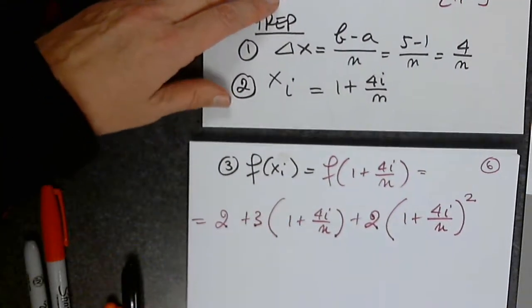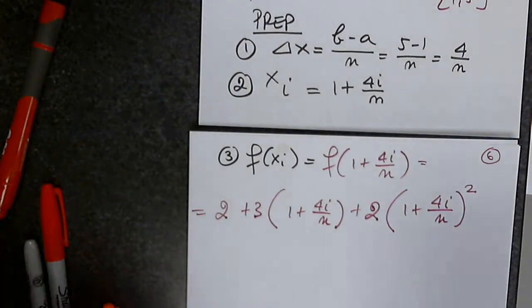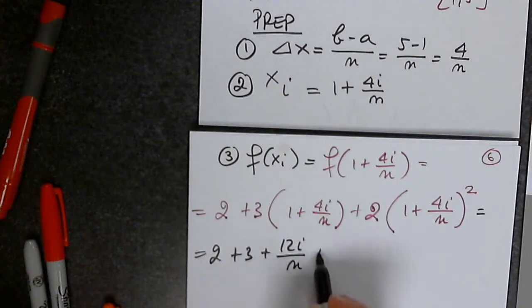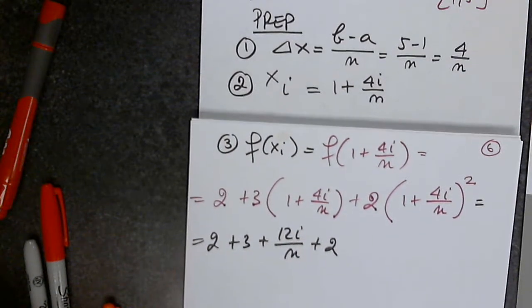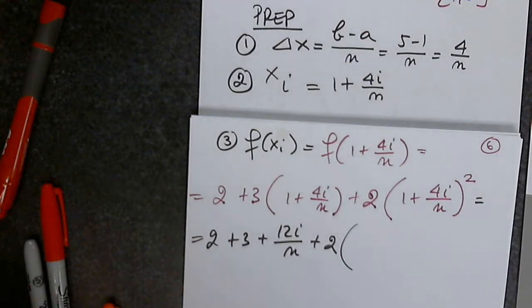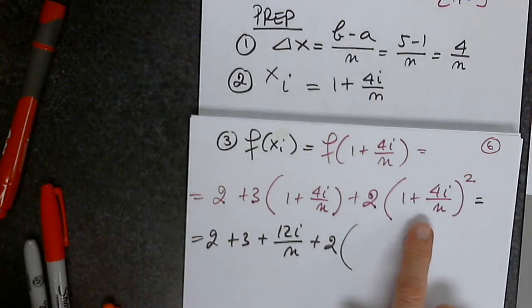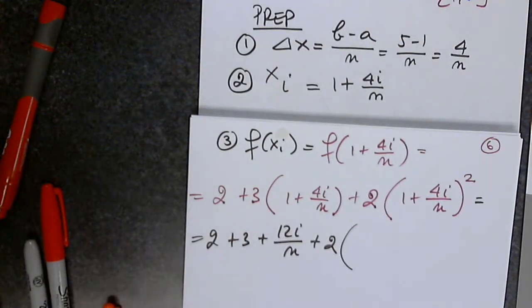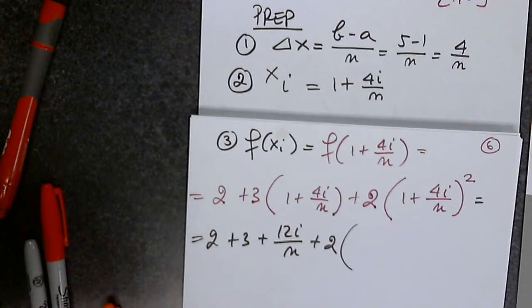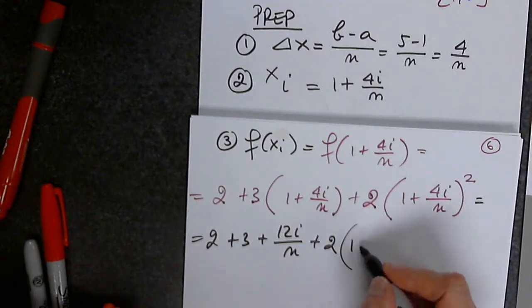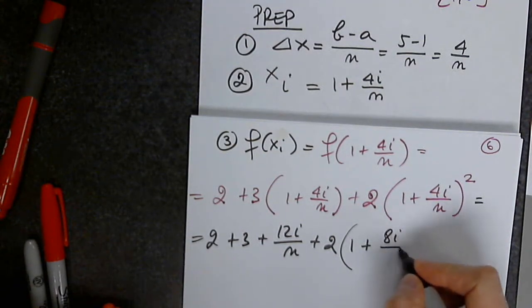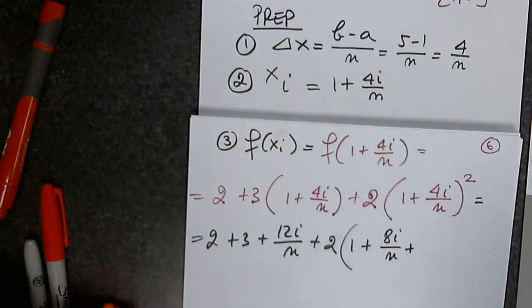Ready? So, I distribute: 3 plus 12i over n, plus 2 multiplied by the squared binomial. We know how to square a binomial. How many terms will you give? We have an agreement from the beginning of this class: 3. So the first term squared, plus 2 times the first times the second, plus the second term squared.